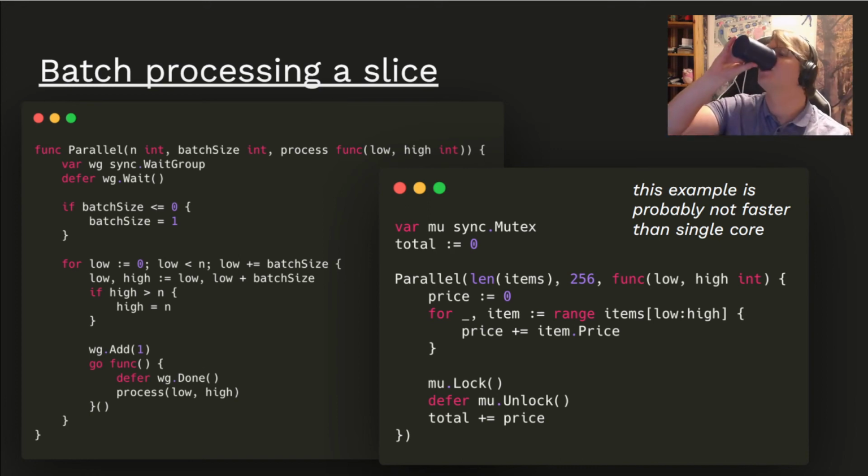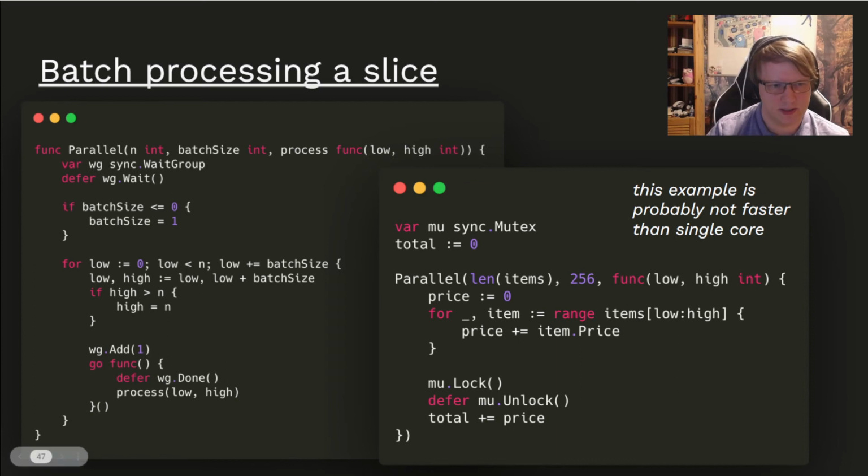The parallel function is this synchronization primitive that walks over the items in batches, and it can be called like this: parallel, length of items, 256, and you split this out based on low and high, so it's simplifying this, making this processing concurrent.